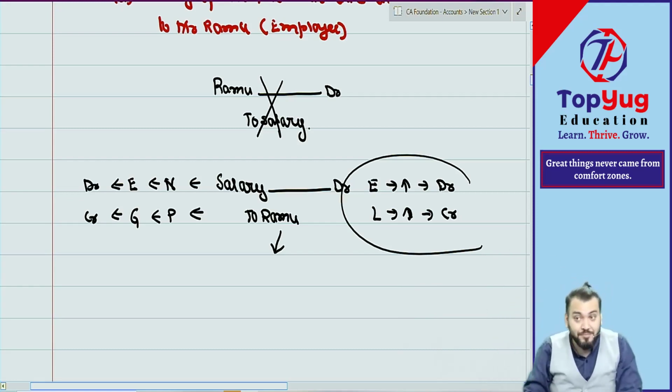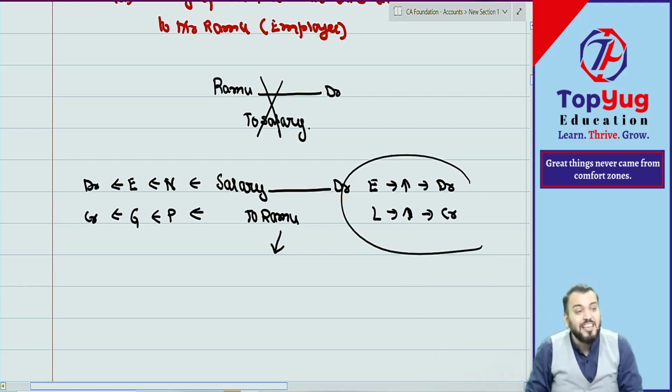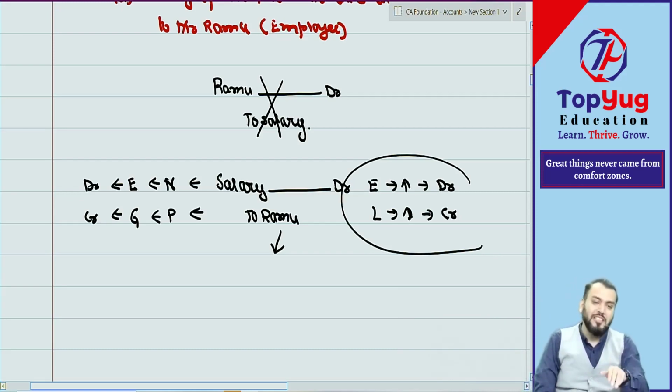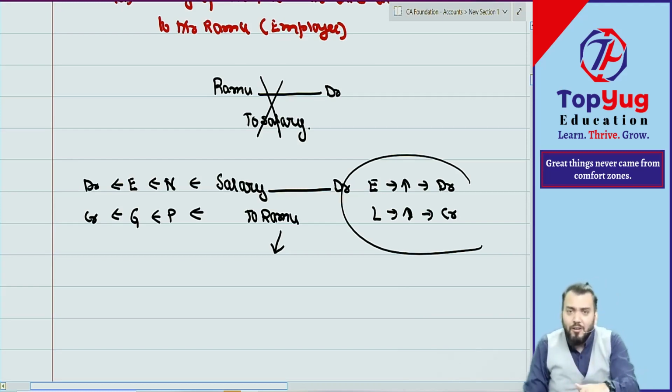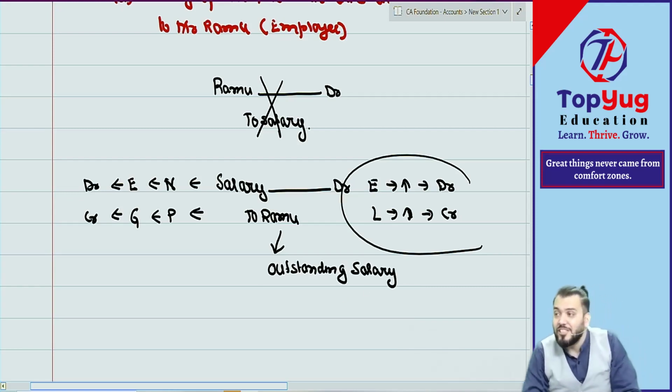So to simplify accounting, we use a representative personal account. In later classes, I will only say outstanding salary account. But I just want to inform you here, because you have used such an account in your life previously. So you can also say salary account debit to outstanding salary account.